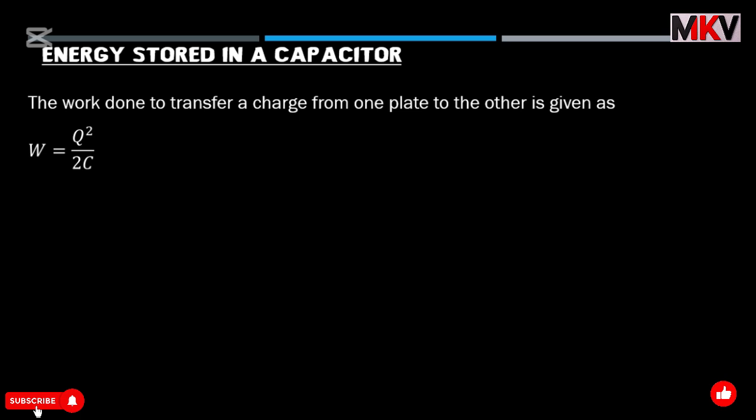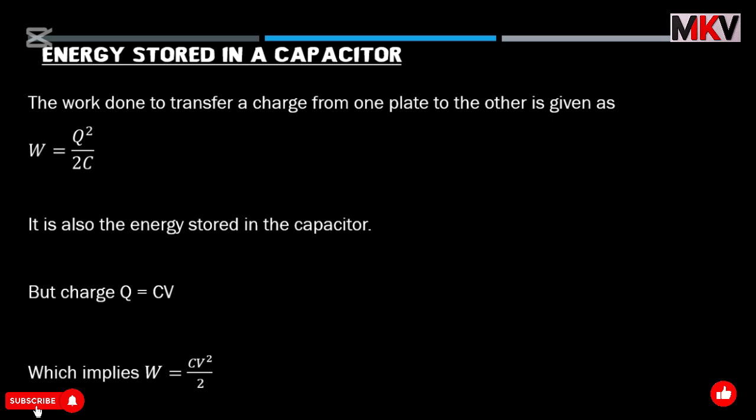Now, energy stored in a capacitor. The work done to transfer a charge from one plate to the other is given by Q squared over 2C. So the equation for work done, or the energy stored in the capacitor, since energy is the same as work done, is W equals Q squared over 2C.